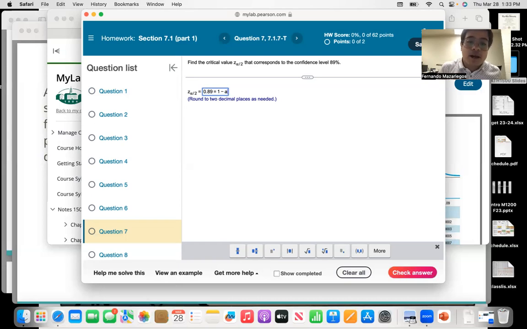So we can solve for alpha here. That means that alpha is 0.11. We subtract 1 minus 0.89. 0.11, and then we divide by 2 because we want alpha over 2. So this should be 0.055.